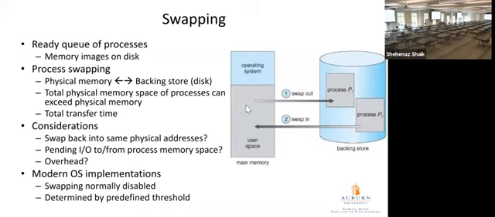Okay? So in this particular case, we have process P1, which is already in physical memory, but it cannot be executed because it is part of some wait queue. If that is the case, then we should be able to swap out process P1, and the long-term scheduler should be able to swap in the process P2 into the physical memory.